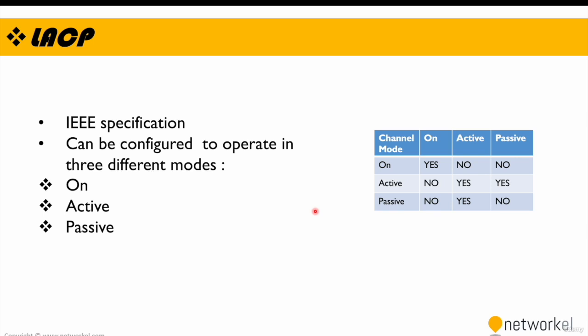In active mode, ports actively send LACP packets to negotiate with the other device to form a link aggregation. Passive, on the other hand, means responding to LACP packets from an active device to form the aggregation. Again, let's have a look at the chart.